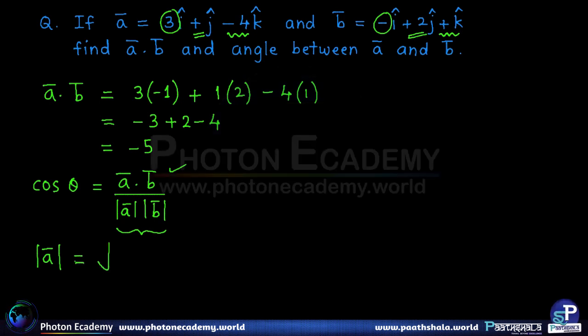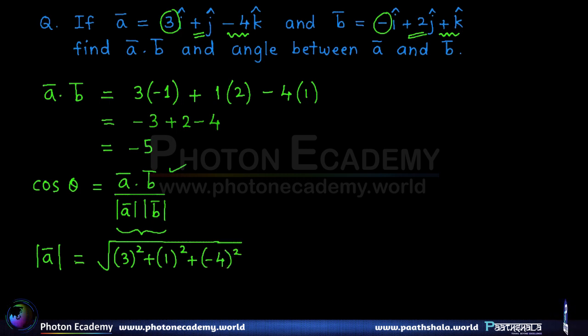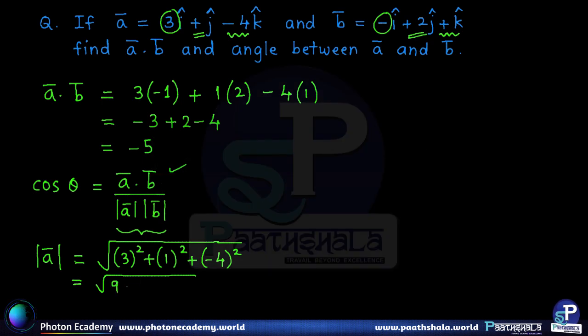Magnitude of a bar will be given as square root of 3 square plus 1 square plus -4 the whole square, which is equal to 9 plus 1 plus 16, which turns out to be root of 26.